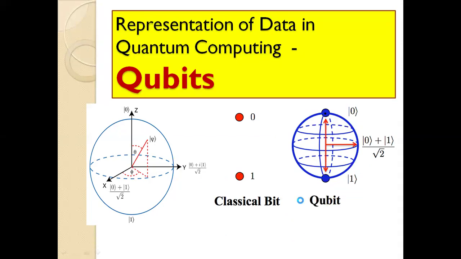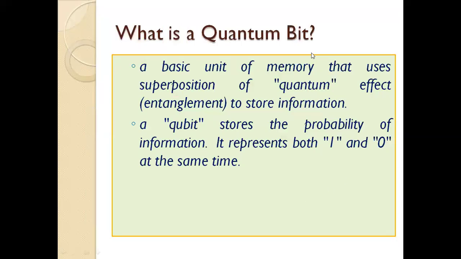Now, what is a quantum bit or qubit? A basic unit of memory that uses superposition of quantum effect to store information. So qubit or quantum bit is the basic unit of memory, like we call bit, then byte, then kilobytes, gigabytes.